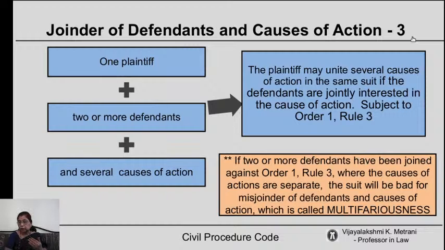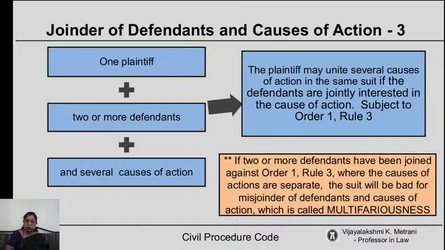Even if the time at which the cause of action arises is different, the act or the transaction must be the same. So on that ground, if there are 2 defendants, for example, I gave you an example about an accident, where an accident takes place and one person is injured. So that one person is a plaintiff.